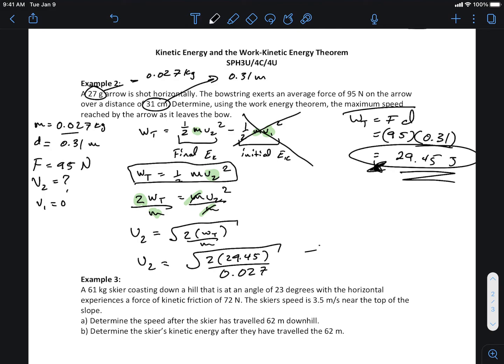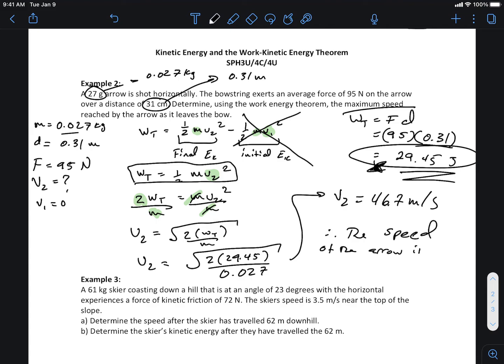And you should see that V2, or the speed of the arrow when it leaves the bow, should be 46.7. I think I keep calling it the bow. The speed of the arrow when it leaves the bow.